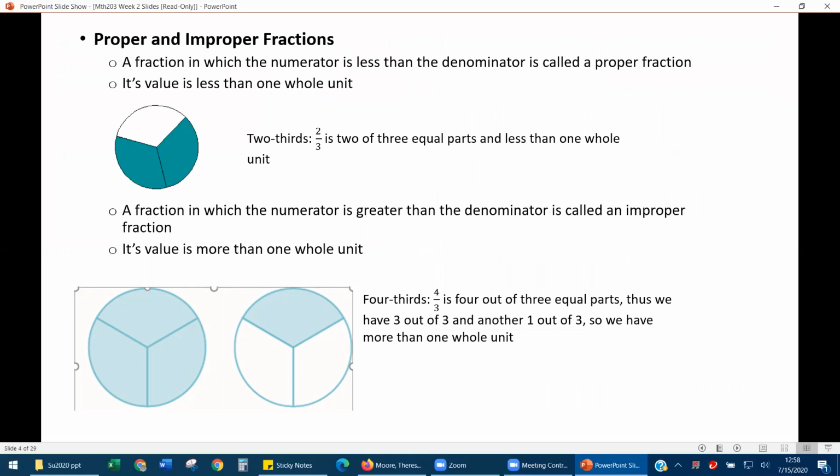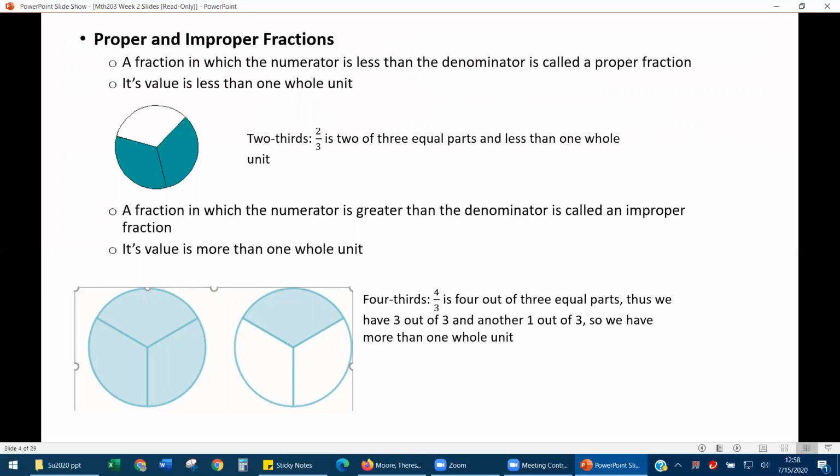A fraction whose value is greater than 1, where the numerator is greater than the denominator, is called an improper fraction.